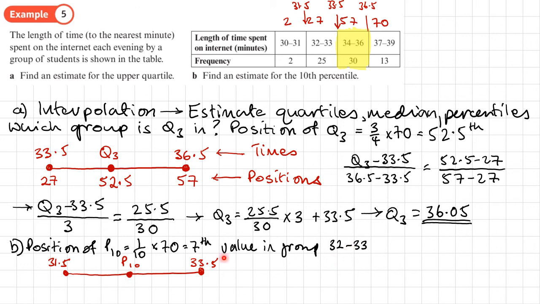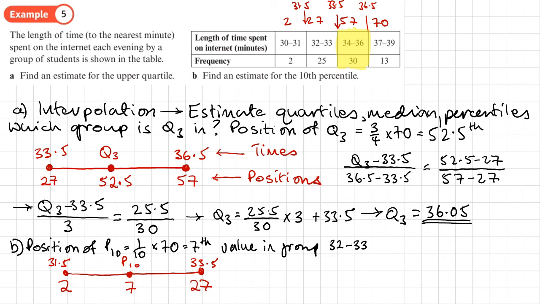So P10, its position, we've worked out, is 7. So we can put 7 down there. And then we want the positions of the beginnings of this group and the end of this group. So this group begins where the last one ends at 2. So position number 2. And this group ends at position number 27. So just like before, we've got our times at the top, we've got our positions at the bottom.